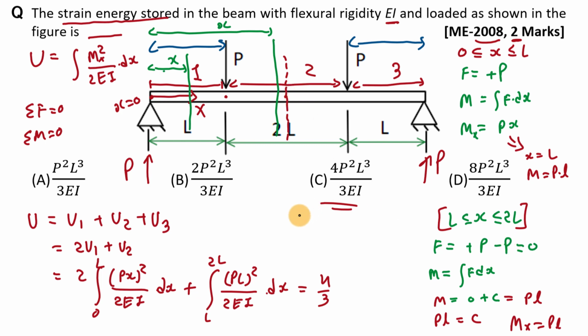And you can also use another method to find out directly bending moment at this section. You can directly take summation of moments by this P load and this P load.